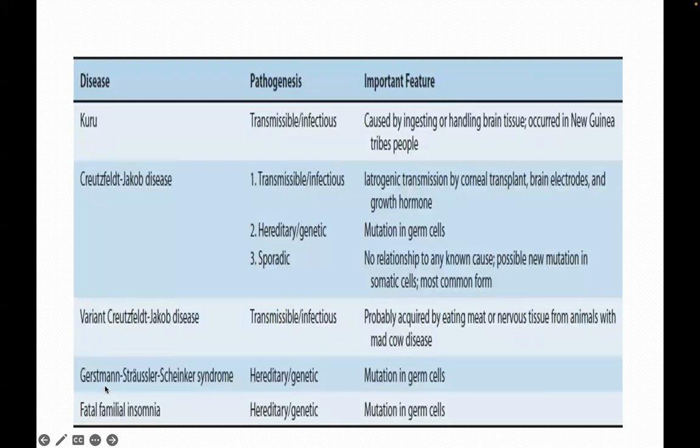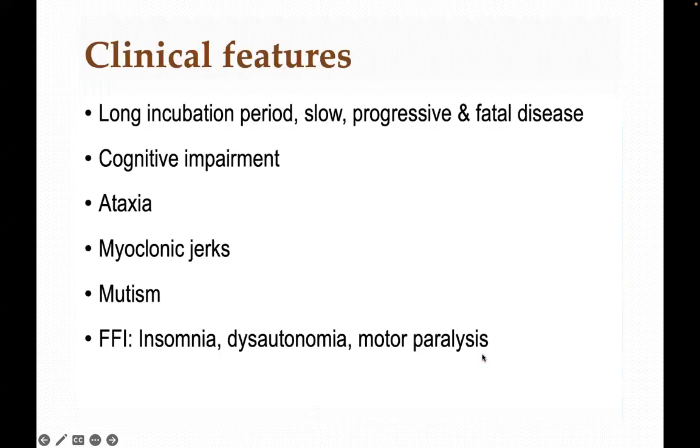Then we have the Gerstmann-Sträussler-Scheinker syndrome that is also hereditary, and it's due to mutation in germ cells. And then the last one is fatal familial insomnia, which is also hereditary and is due to mutation in germ cells. So these are some of the clinical features that someone who has a TSE can experience.